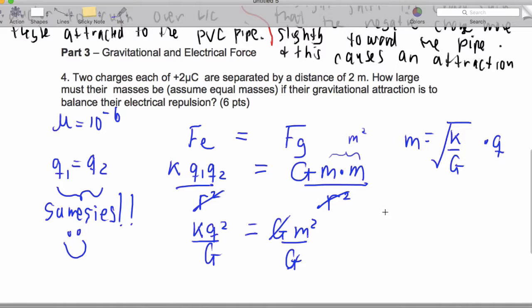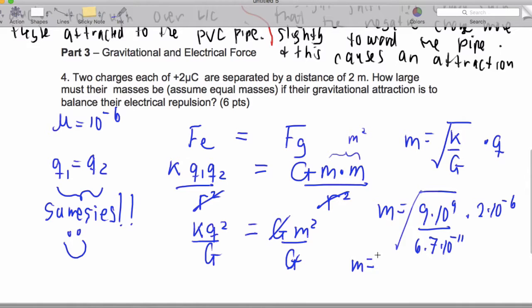Let's go ahead and do that now. So the mass will be 9 times 10 to the 9th divided by 6.7 times 10 to the negative 11th, all under a square root. Sorry, all under square root. And we'll multiply that by 2 times 10 to the negative 6th, and let's see what mass we get.